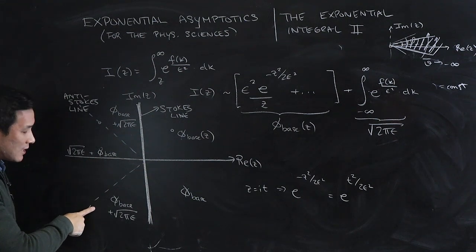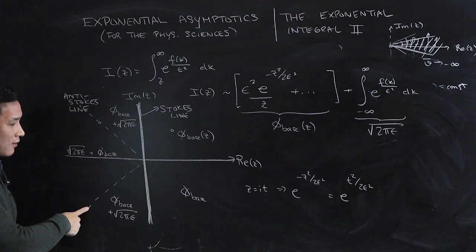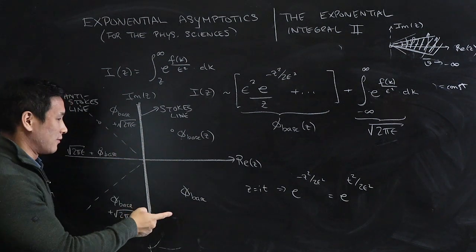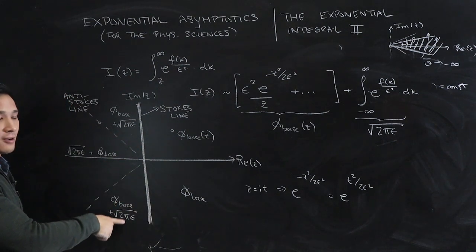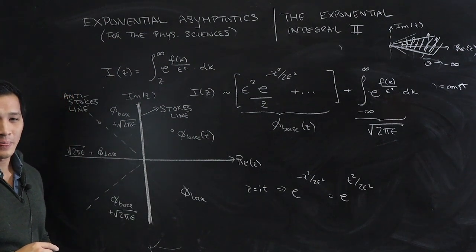They become the same size again at the anti-Stokes line along this dashed curve, and then it switches off. This exponential that I switched on is then switched off, and I'm returned to the base expansion.